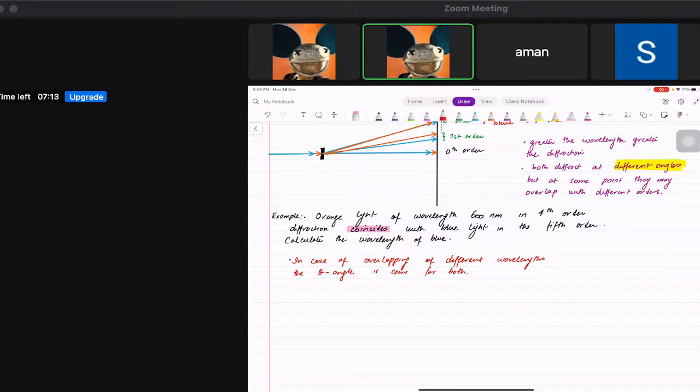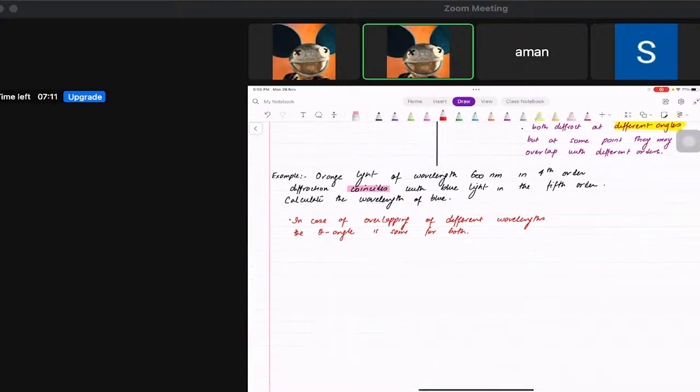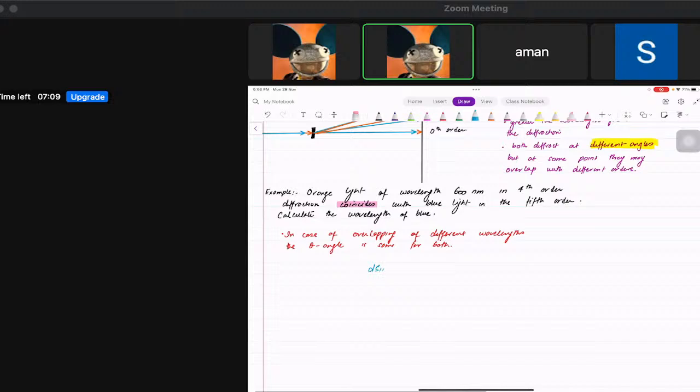Which means this portion d sin theta, for the first one will be n1 lambda 1, and the other one n2 lambda 2. Both are coming from the same grating, so the slit separation is the same and theta is the same. So you only use this general formula, n1 lambda 1 equals n2 lambda 2. You should always remember this. For the case of overlapping, this is your go-to formula.